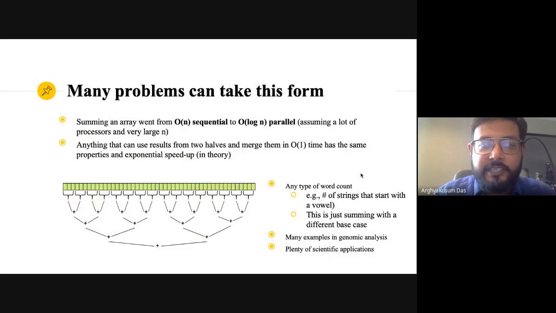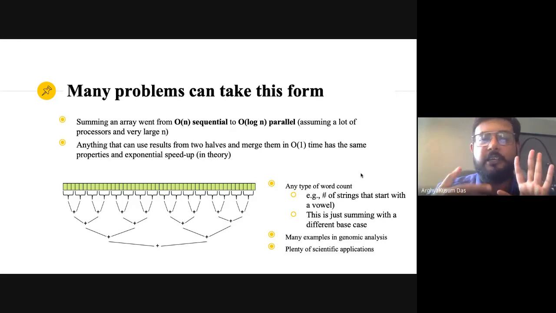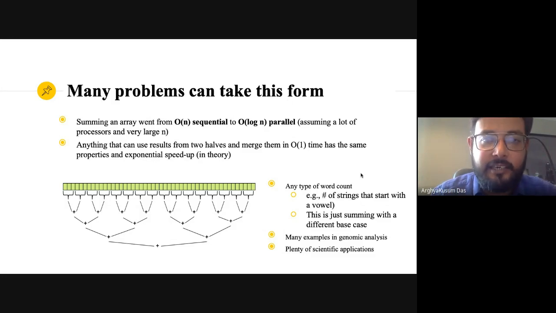And honestly, many programs can take this form. It's not only the sum; possibly sum is the beginner's example to start you working, but in the real world, lots of problems are there which can take this form, and you can get this type of benefit.